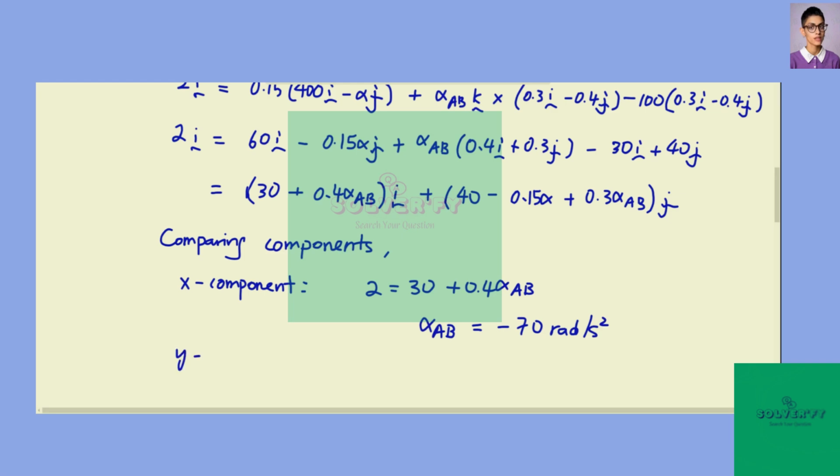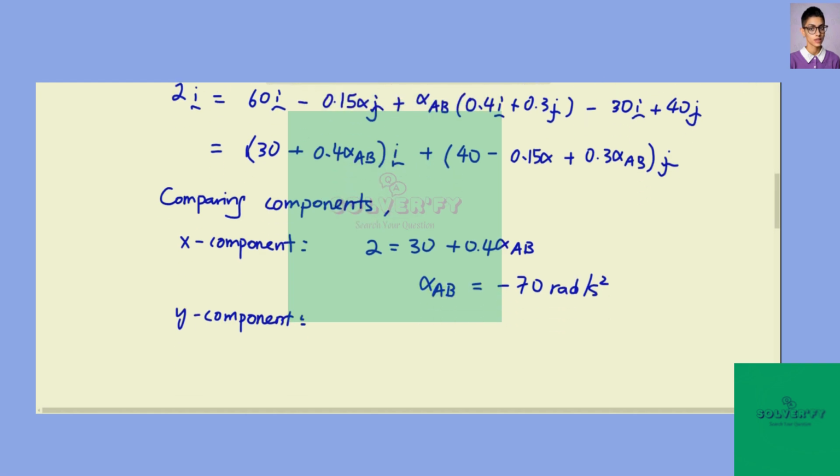And then for the y component, we have 0.15 alpha is equal to 40 plus 0.3 alpha AB. So you put 40 plus 0.3 times negative 70.